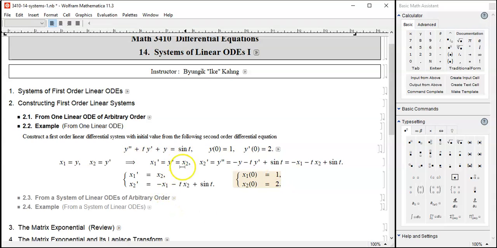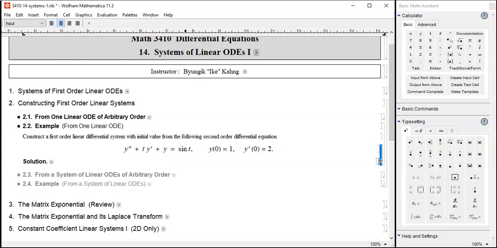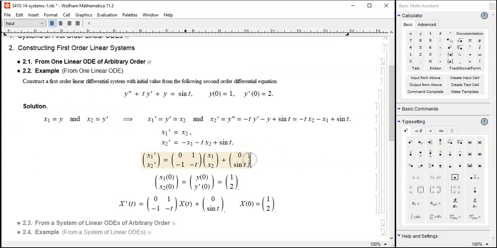And then as for the system, well, x1 prime is x2, okay, by design. x2 prime, which is y double prime, in that case we have to go back to the original linear ODE. In my answer key here, I use a matrix expression like this and that, or with capital like this. They are equivalent.